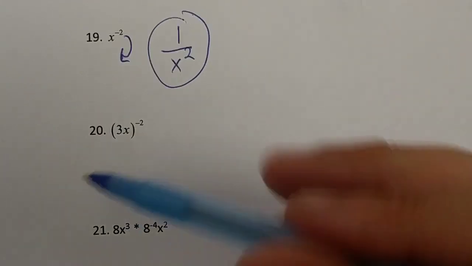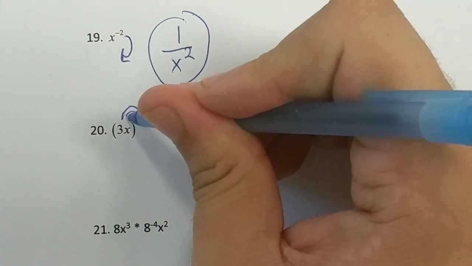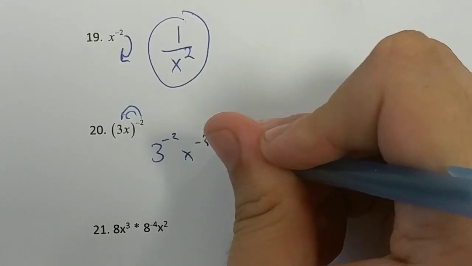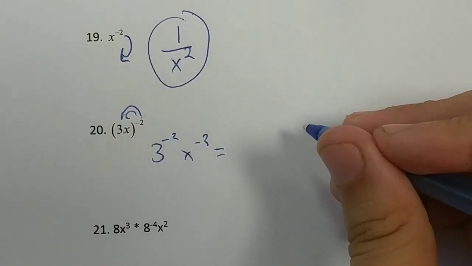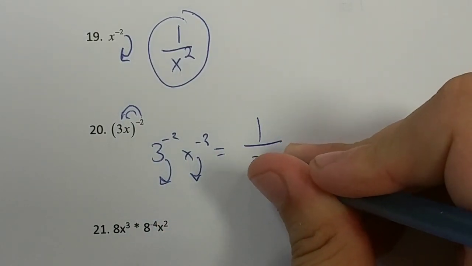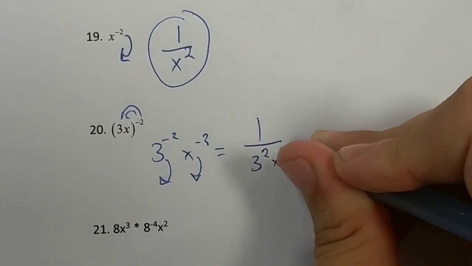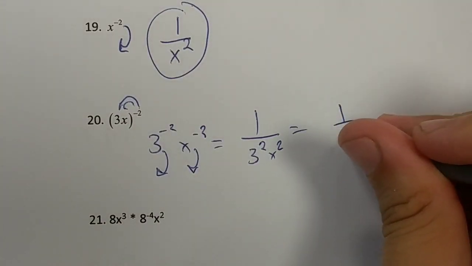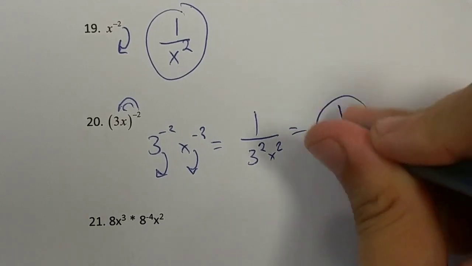Next one, we got to distribute that negative 2 to everybody. So 3 to the negative 2 power, x to the negative 2 power equals, to move this down and to move this down, 1 over 3 to the 2nd power, x to the 2nd power. I could actually do 3 to the 2nd power, so 1 over 9x squared.